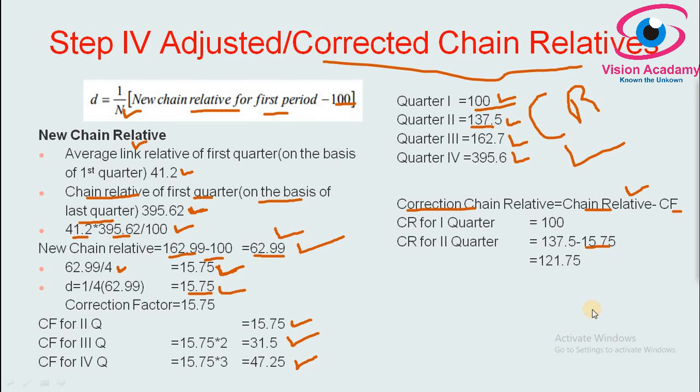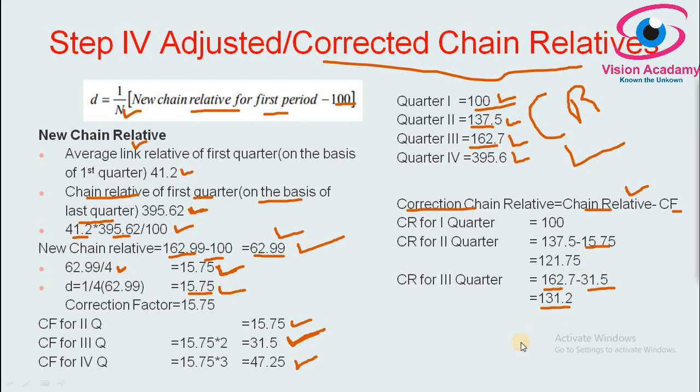Now we shall obtain the corrected chain relative for the third quarter. Here the third quarter chain relative is 162.7 minus the correction factor 31.5. When we subtract that correction factor from the chain relative, we obtain 131.2 as the corrected chain relative.